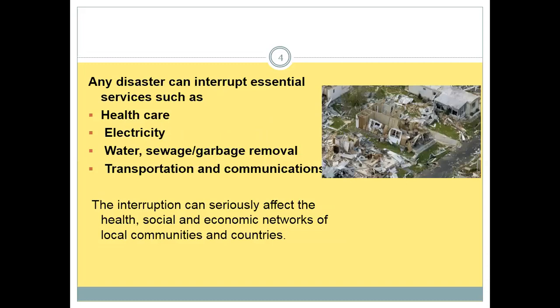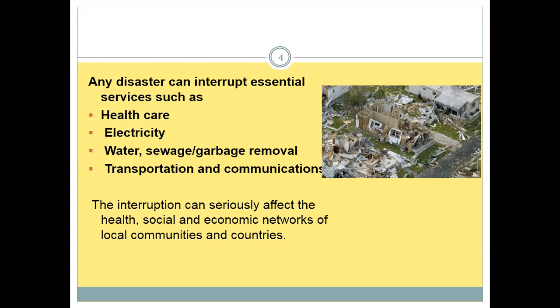Any disaster can interrupt essential services, that's for sure, including healthcare services. For example, if a disaster hits, it can be environmental, like a tornado, fast blowing winds, storms, earthquakes, or floods.